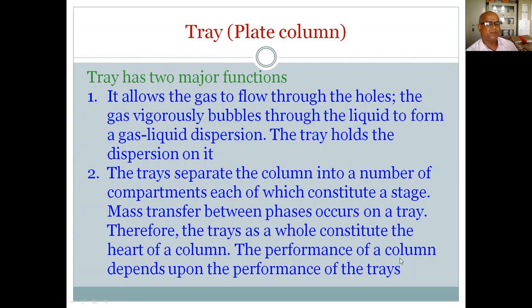The performance of the column depends upon the performance of the tray. So you understand, the tray is the major part of the plate column. If you can design one efficient tray, then you will get better separation.